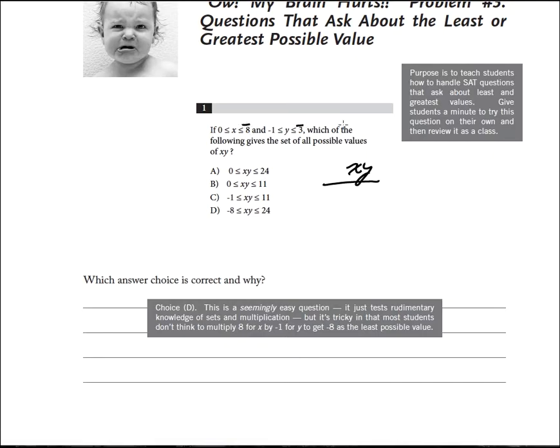Largest possible y is 3. 8 times 3 equals 24, and that's half of it, right? So far so good. And now I want the least possible value. So I have to take the very smallest that x can be, which is 0, the very smallest that y can be, which is -1, and obviously anything times 0 is 0. So my range is choice A, right? From 0 to 24.